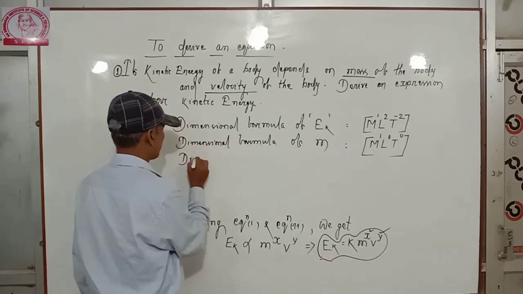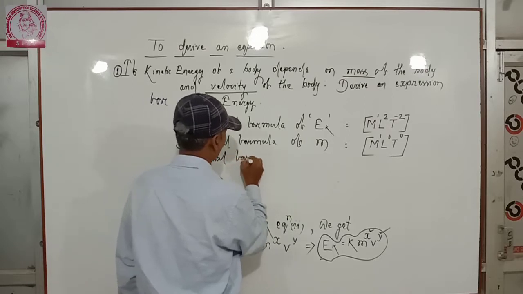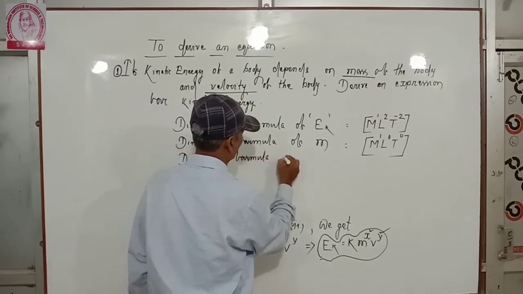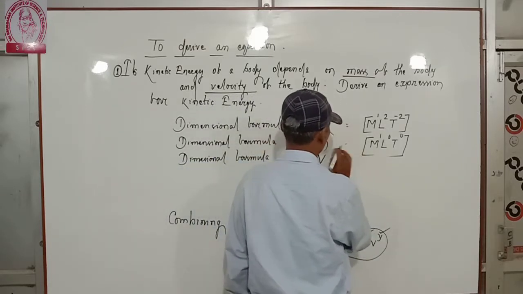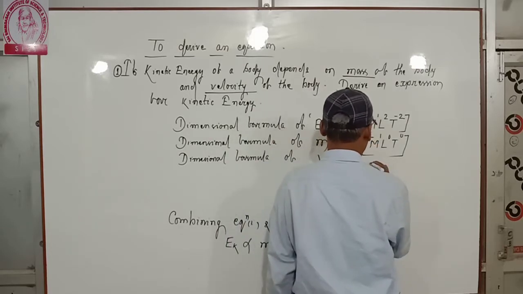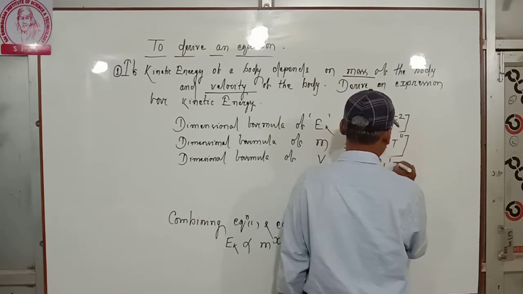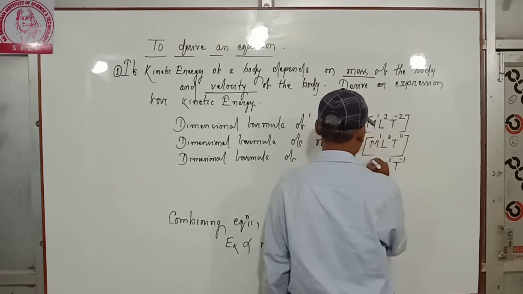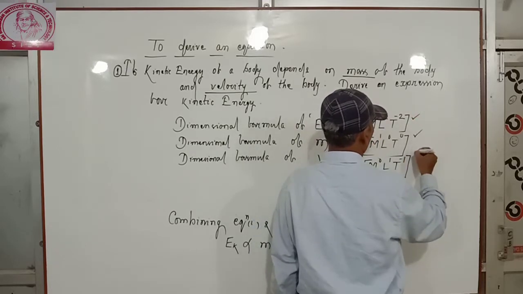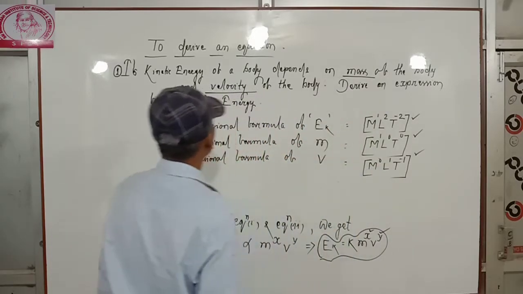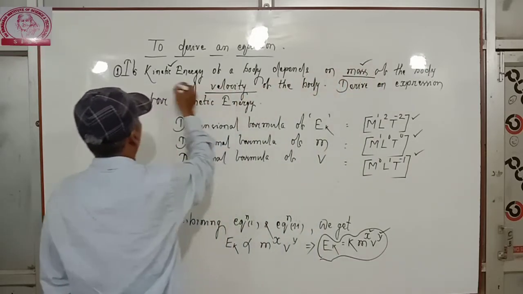Dimensional formula of v is M0 L1 T minus 1. These are the three dimensional formulas of kinetic energy, mass and velocity.